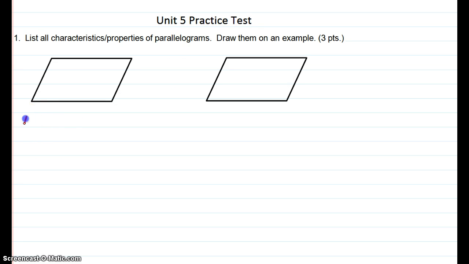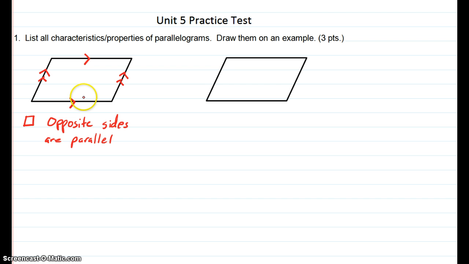So the first thing that we know about a parallelogram is that the opposite sides are parallel. So this is what makes a shape a parallelogram.